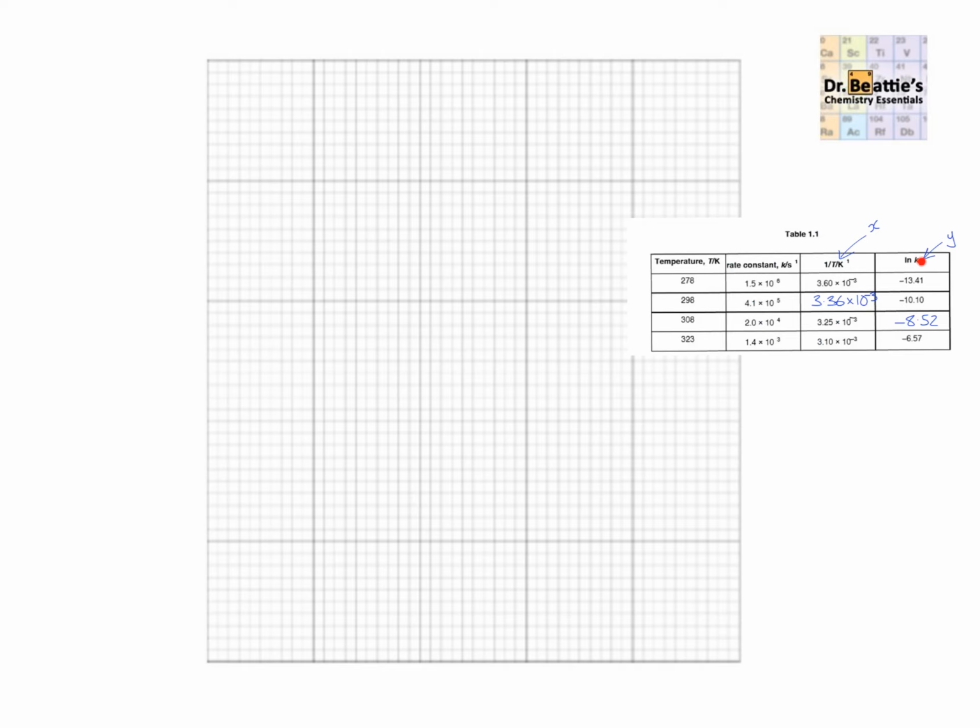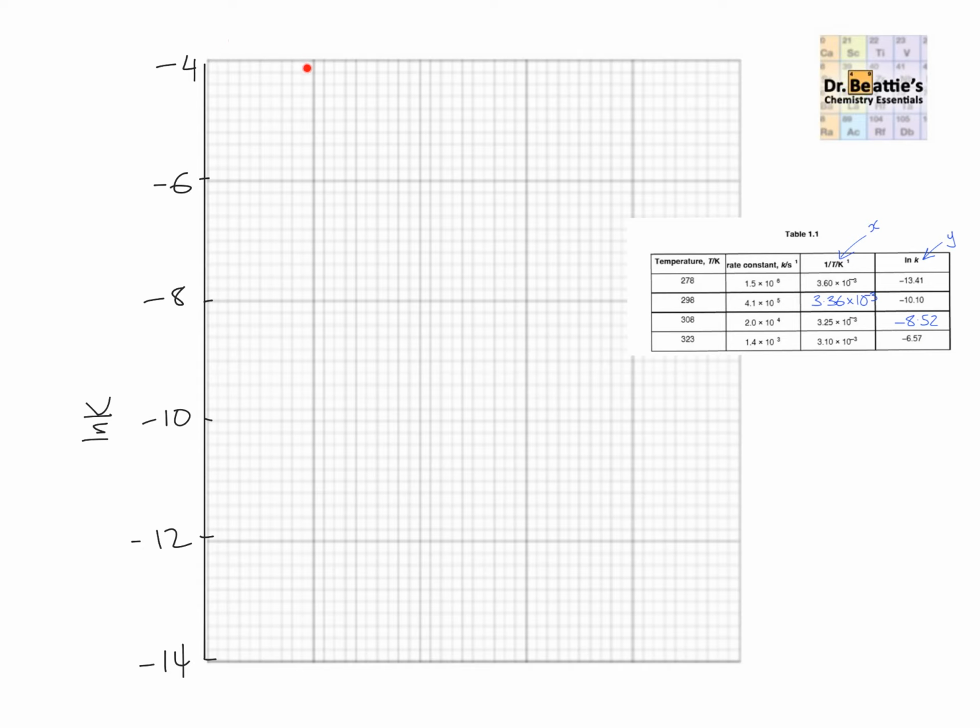So then we need to plot this data on this graph here. If we just notice the y-axis, it's negative numbers, so we're going to have to start at -6 around here, going down to -14. And then the x-axis is 1 over T. It makes sense for us to start at the lowest value here instead of 0, and then go 3.10, 3.20, etc. Now I'm going to list those in that form, and then in my units I'm going to do times 10 to the -3.